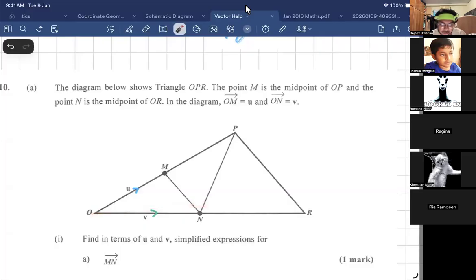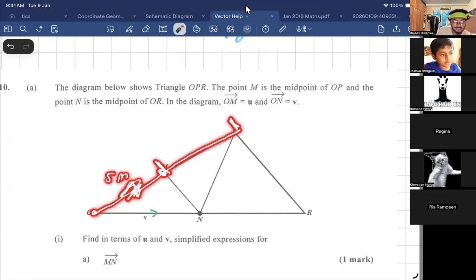But here I was asking you, Regina, forget about this u thing. Imagine I had given you a line and I tell you the midpoint, and this part was 5 meters. How long would you tell me the other part is? 5. Altogether, it would be what? 10. Okay, so if you could tell me that, you could figure this out. So O to M is u. What do you think M to P is?